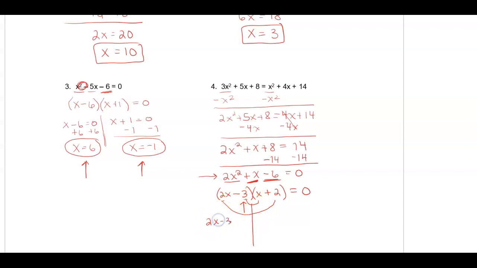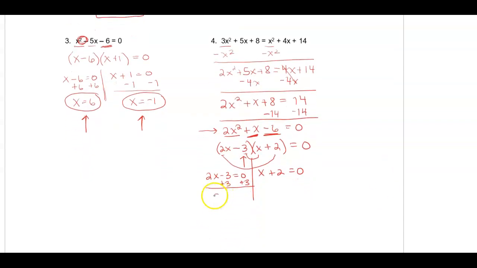So 2x minus 3 equals 0, or x plus 2 equals 0. So I'm going to add 3, and I'm going to divide by 2. So one of my answers is 3/2. The other answer is -2.